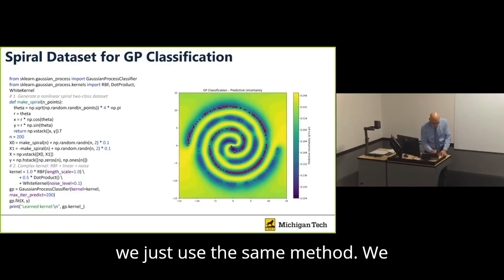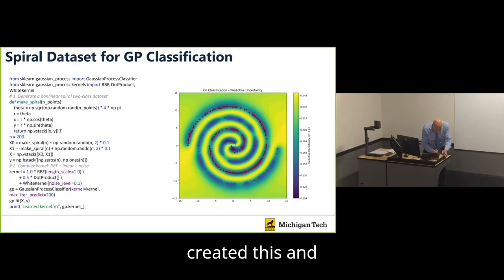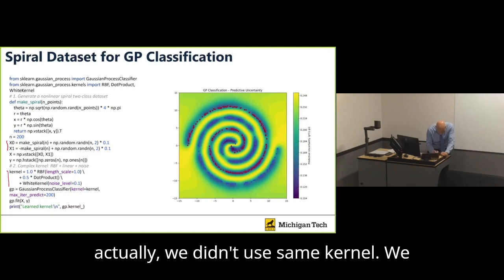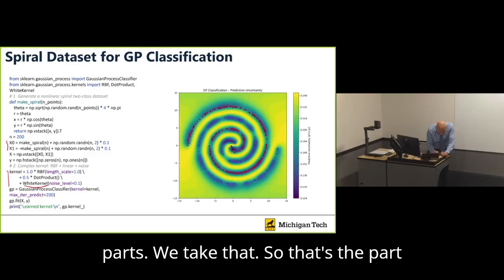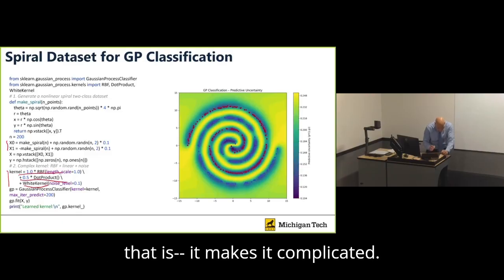We just use the same method. We created x0 and x1, and then we used the same. Actually, we didn't use the same kernel. We combined the kernel with some other parts to detect that. That's the part that makes it complicated.